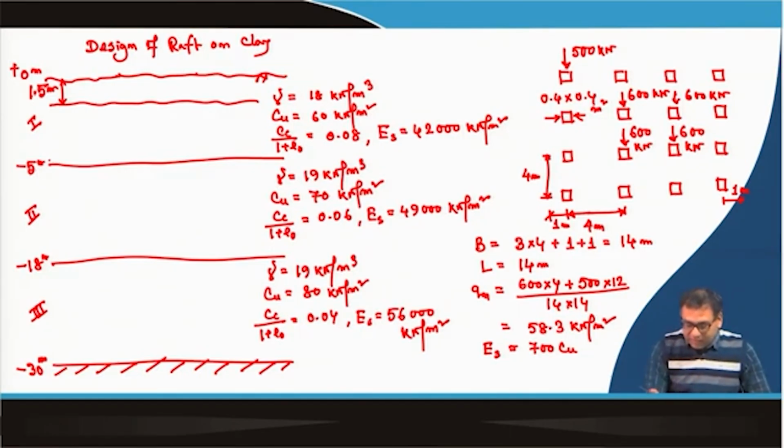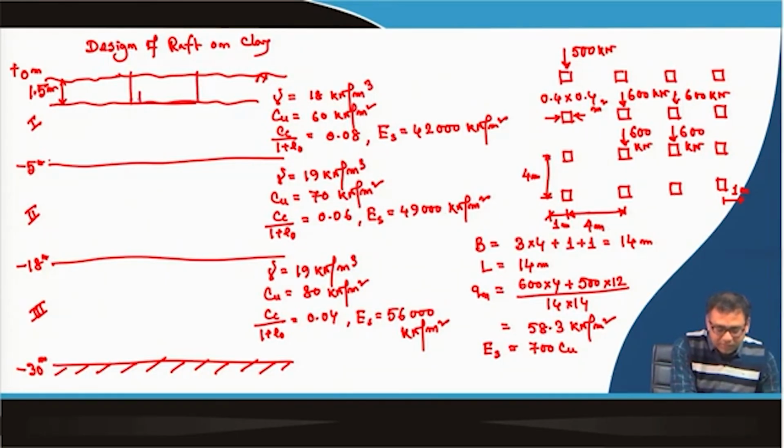Now, these are the loading conditions, and we have decided we will go for the raft foundation. Now, for the first trial we are putting our raft at a depth of 1.5 meter, okay, where the position of the water table is. So, this is the position of the raft.